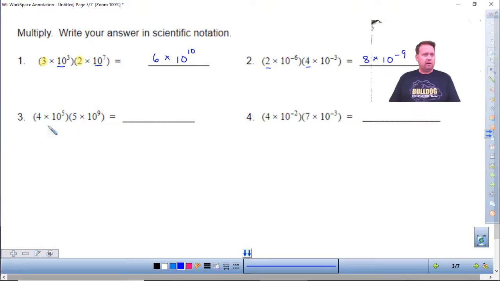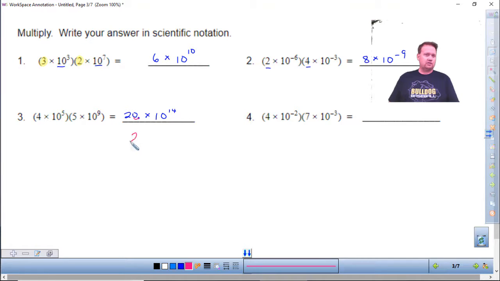Now, when we come down to this problem, we're going to run into an issue because 4 times 5 is 20. I'm going to go ahead and finish off the problem: 10 to the 5th times 10 to the 9th is 10 to the 14th. But it's not in scientific notation because this number is not between 1 and 10. So I know my decimal really is right there, and I've got to move it back one place. I've got to make it a little bit smaller. It's just too big.